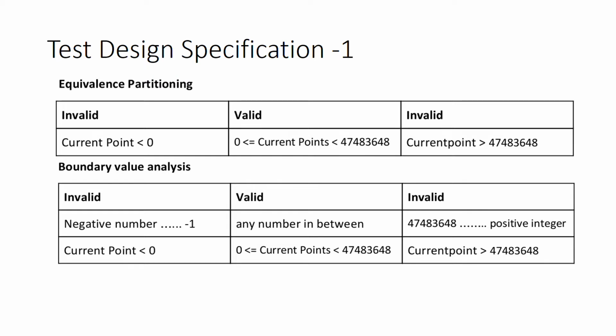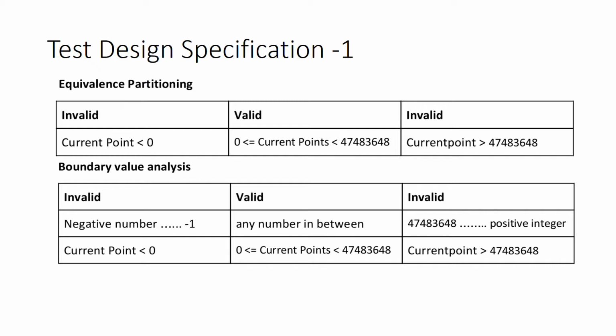In this project I have used quite a lot of test design specifications, but I will highlight the three major ones. The first one is equivalence partitioning, where we have valid and invalid partitions. The invalid partitions are when the current point is less than 0 and when the current point is greater than 4748364.